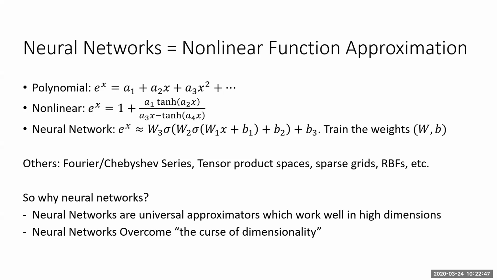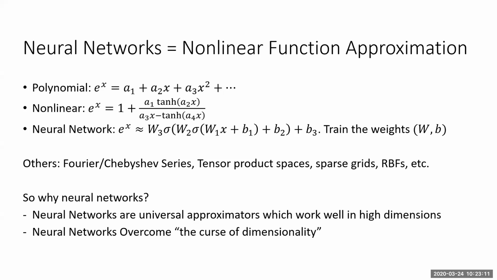Well, it's because neural networks are universal approximators that work well in high dimensions. And there's some very recent theory that basically says that the number of terms that you need in your neural network as you go to very high dimensional spaces grows polynomially with the number of dimensions. If you were to use tensor product spaces, the number of terms that you have to take for very high dimensional spaces is exponential instead of polynomial.